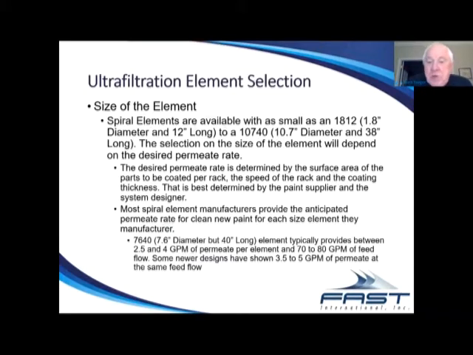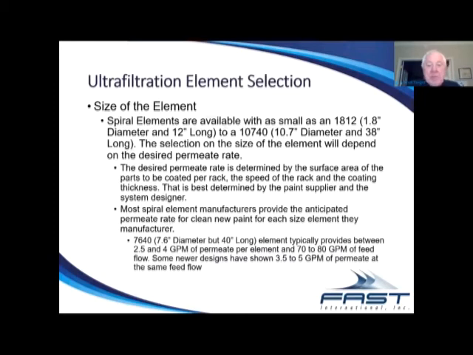Most element manufacturers in their spec sheets provide a permeate rate that they would anticipate for clean, new paint, depending upon the size of the element. So you can usually find in their specification sheet that this size element will provide you X liters per minute or gallons per minute of permeate, and then you can use that to calculate what size and how many elements you're going to use.